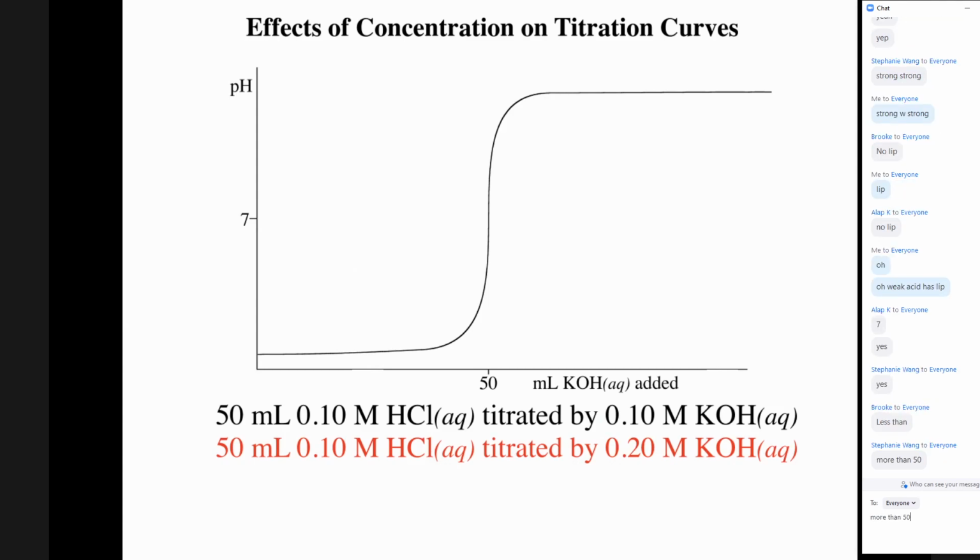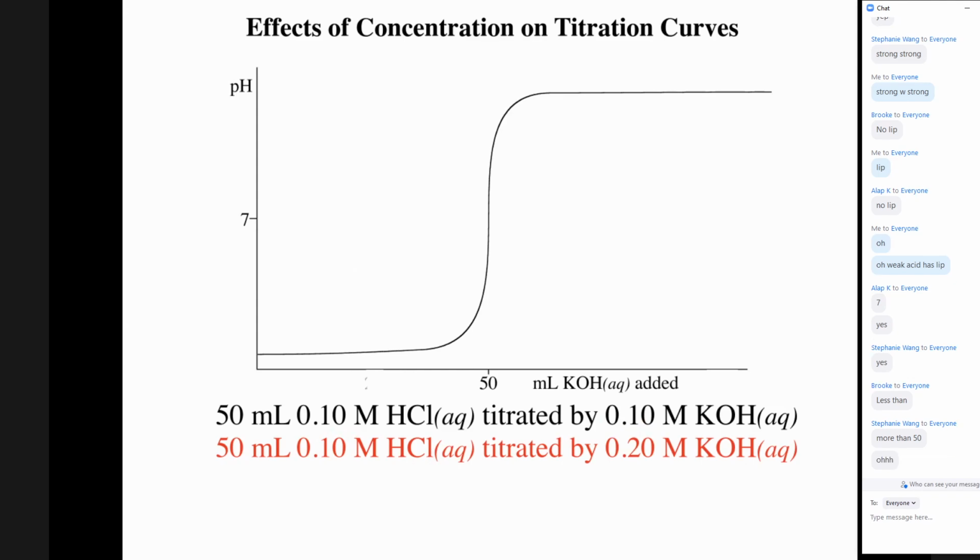Less than 50 in this case, because 50 of something small is going to equal less than 50 of something big. So for this one, we only need 25, because half the molarity would require double the volume. So 0.1 is half of 0.2, so 50 is double of 25.